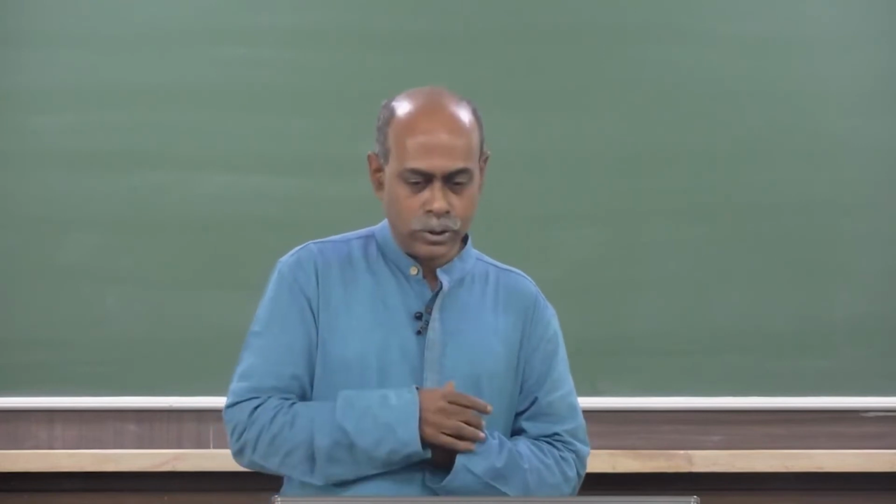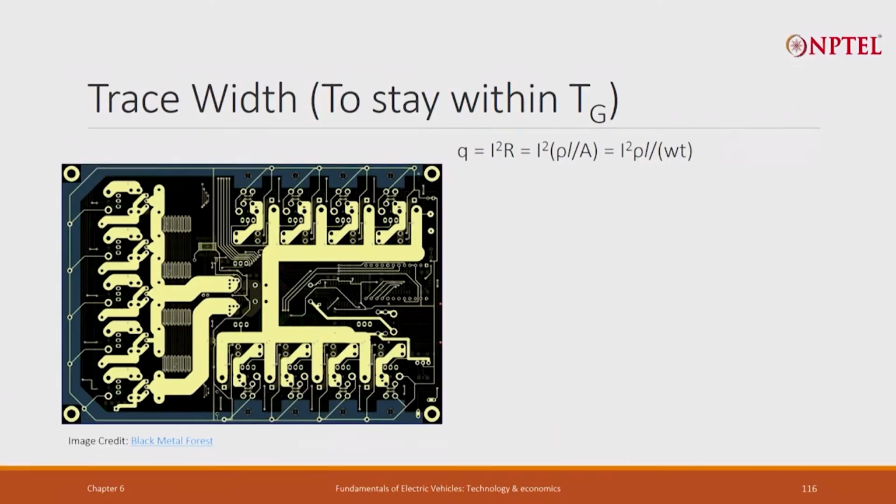So let us look at how much heat is generated. The heat generated is I squared R, and as you are familiar, the resistance is rho into length by area. So, I can rewrite the equation like this.